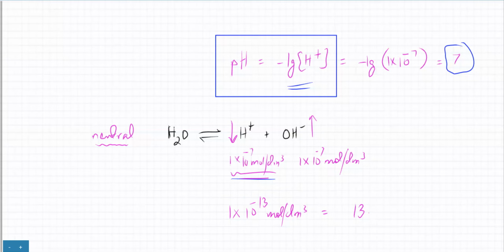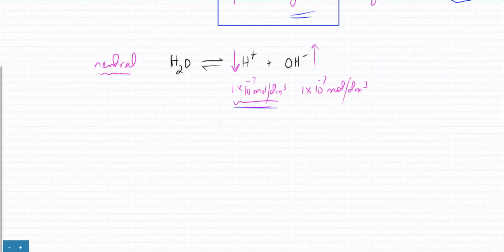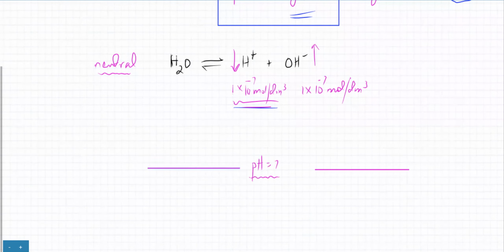Now, what I wanted to discuss was that if you're at pH 7, and if you drift away from pH 7, whether to the right or whether to the left, the strength increases. On the left side, the strength as acids increases, and on the right side, the strength as bases increases.